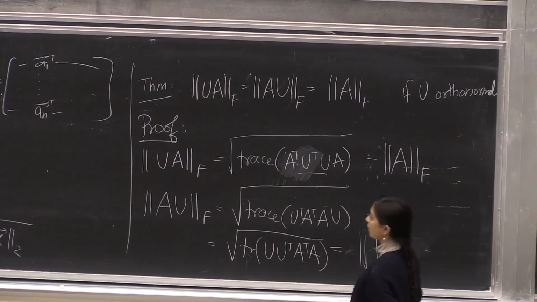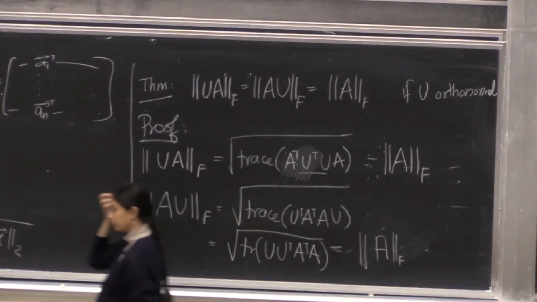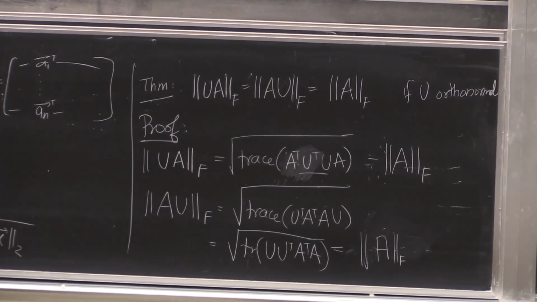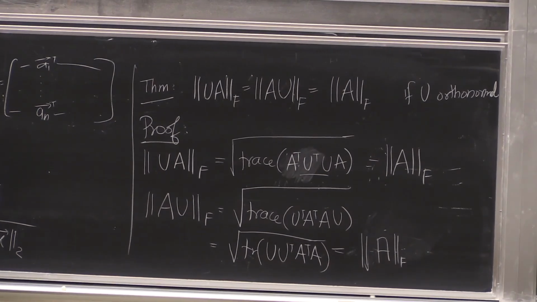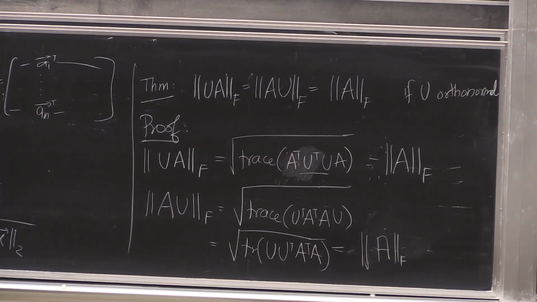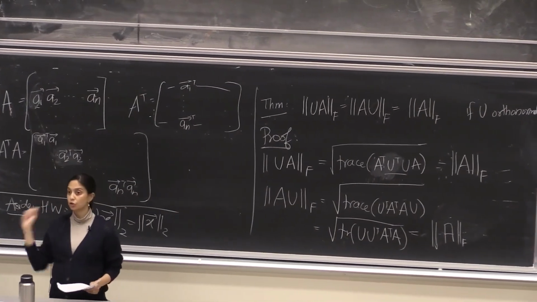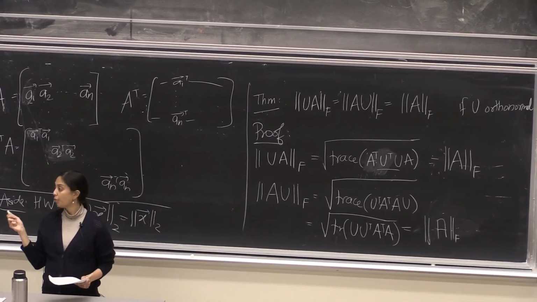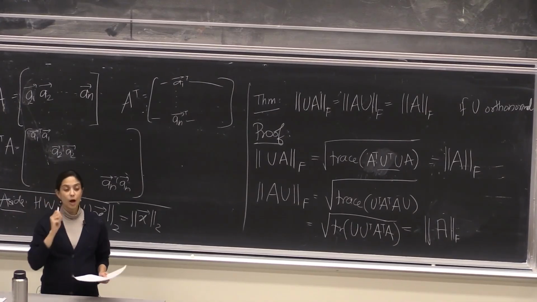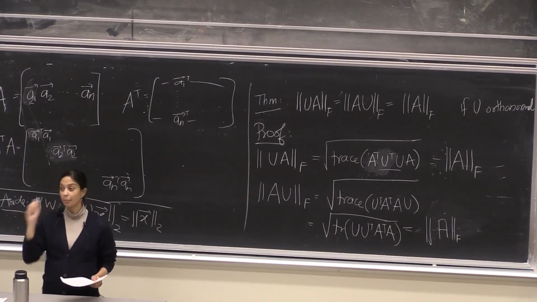One of the reasons I like working with the full SVD, as I was telling you last time, is that the U and the V are all square orthonormal matrices, right? And square orthonormal matrices means that U transpose U is equal to U U transpose, and both are equal to the identity. When you have non-square orthonormal matrices, say a tall matrix that's orthonormal, this property will not hold.